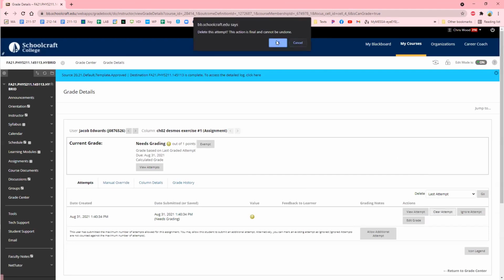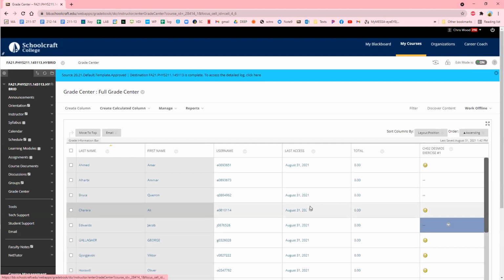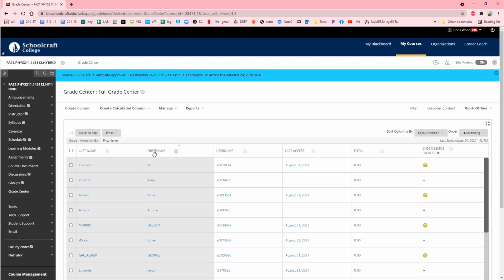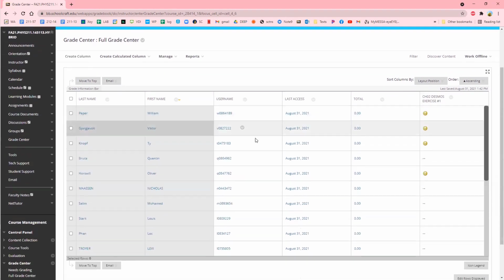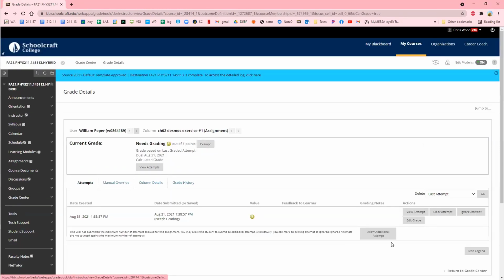Clear attempt. Professor, could you remove mine as well? It's under Will. Yeah, you guys. Okay. I mean, not to sound snarky, but instructions are important. So Will. Clear attempt.